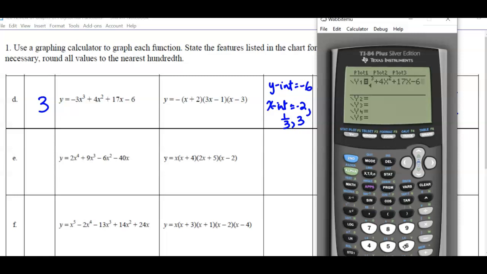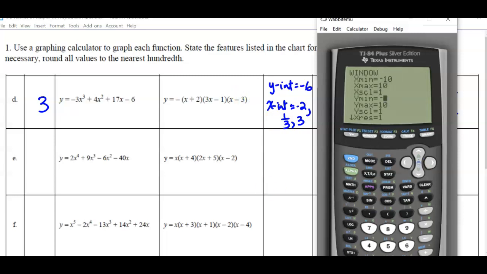Okay, I'll go with a standard screen because we know our x-intercepts. They're not big. Our standard screen is -10 to +10. So I'm going to start with a standard screen. We might not be able to see the maximum. We can't, but you can see that it zigzags. So now I'm going to change my y window.